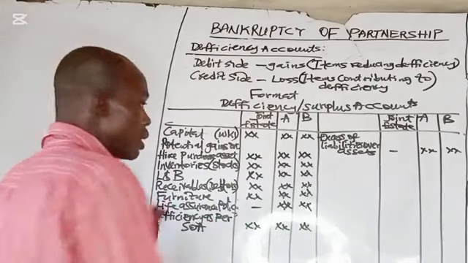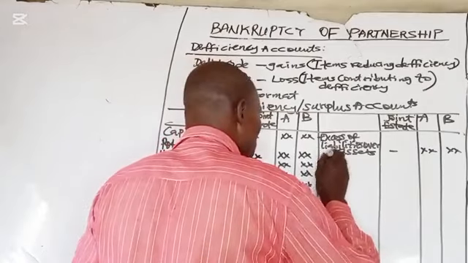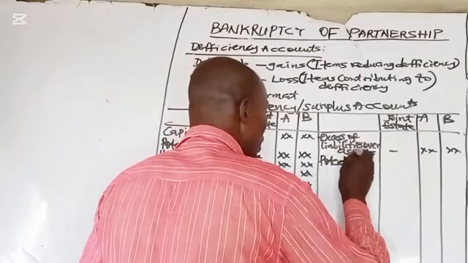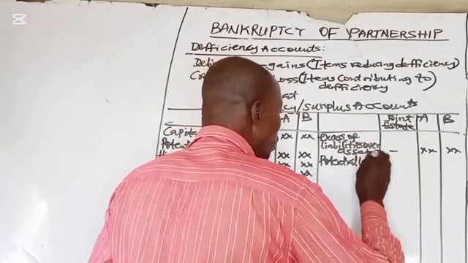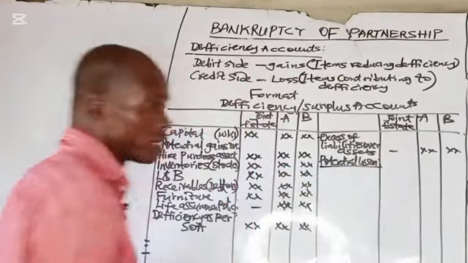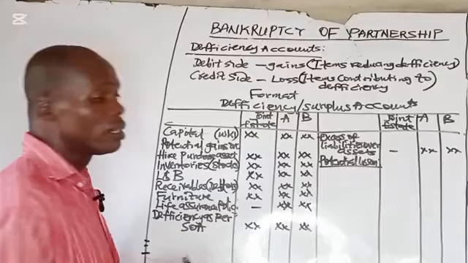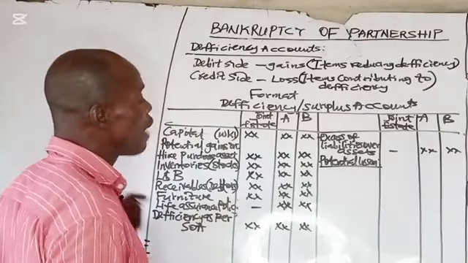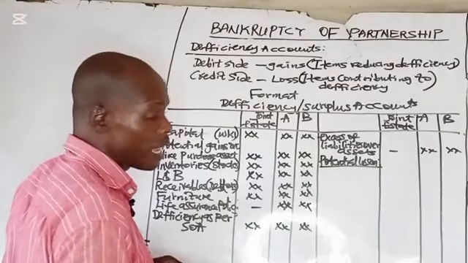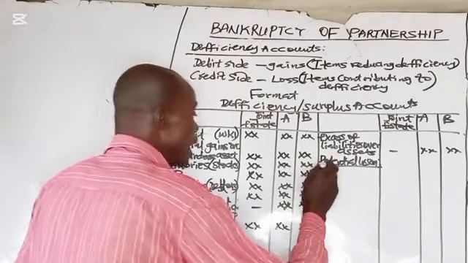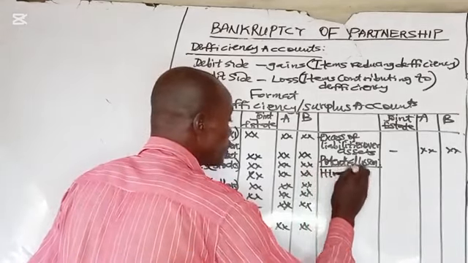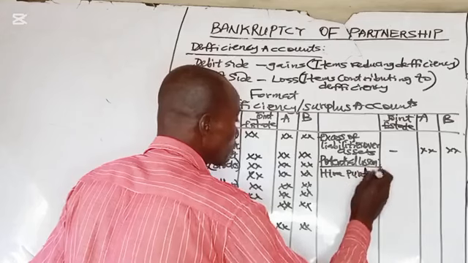But potential loss on, where you have loss on the asset. You have loss where the book value is greater than the realizable value of the asset. We have hire purchase assets.